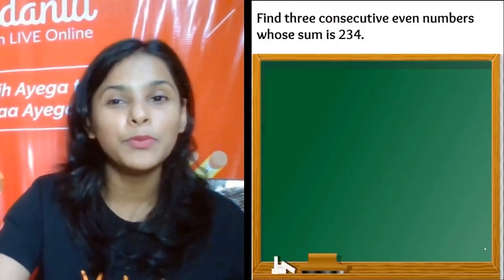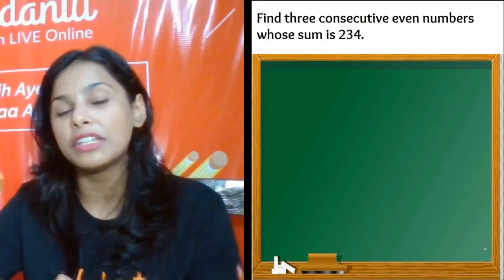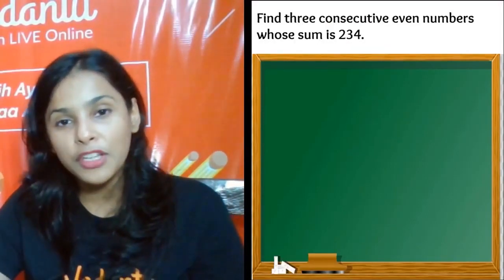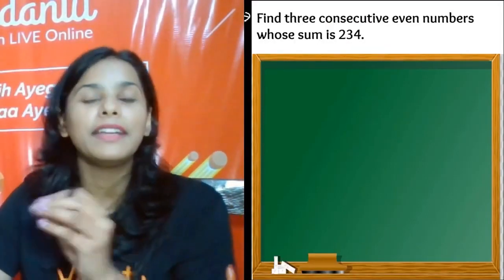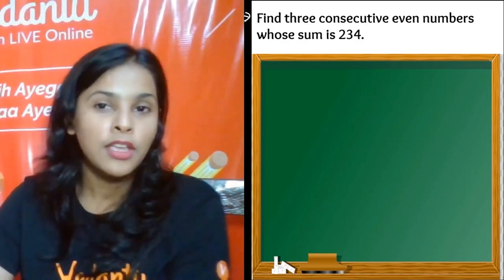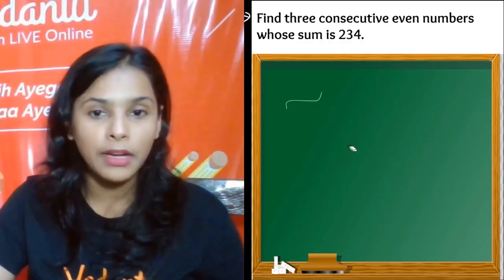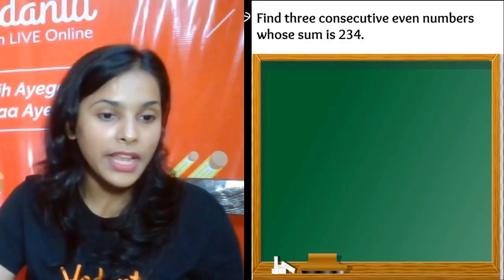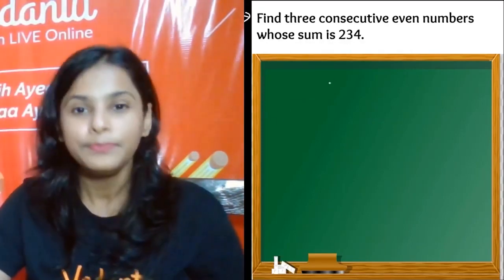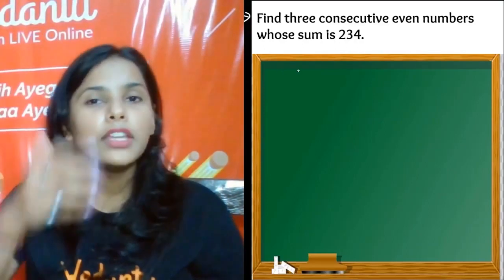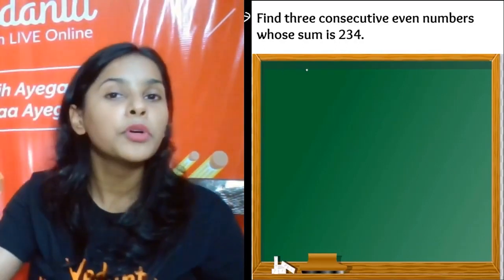Now let us move to another very important question. Guys, these types of questions we have already done, but we are going to do even numbers. We know how to take consecutive numbers, but here we have to take consecutive even numbers. So we know even numbers are 2, 4, 6, 8.